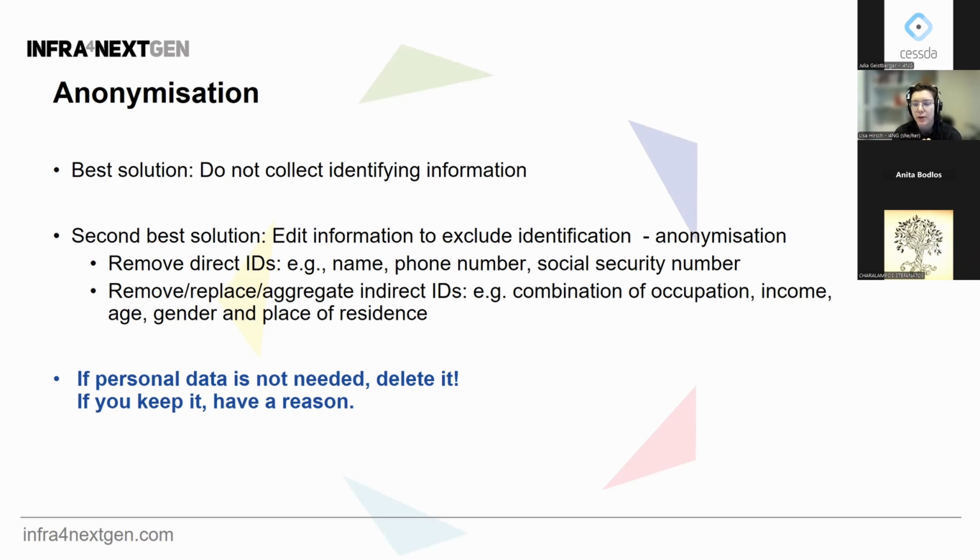For example, if you think about income, a lot of times in surveys, the response would actually not be the exact household income, but income in brackets. So the general takeaway from this is, if the personal data is not needed, please delete it and or do not collect it beforehand. And if you keep it, you have to have a good reason for that.